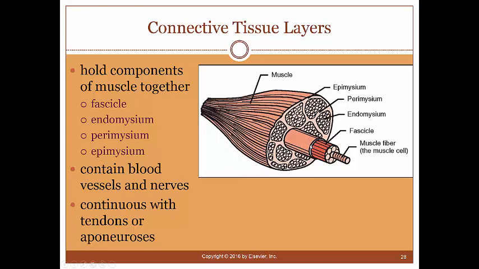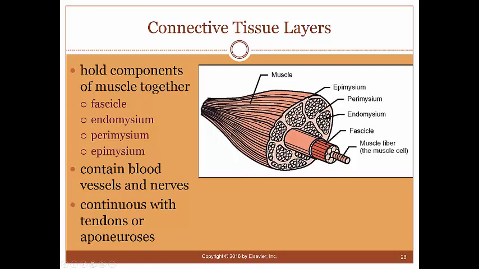When we go into a larger group to make the full muscle itself, we connect multiple fascicles together. Within the inside of the muscle we have connective tissue called perimysium, which holds all the fascicles together. And lastly, we have the epimysium on the outside, which is the connective tissue that holds all of these muscle cells together.